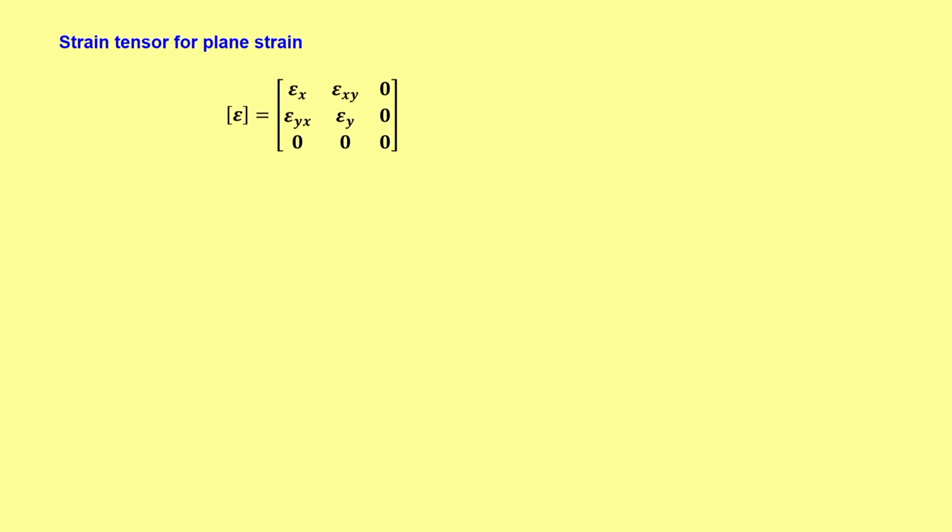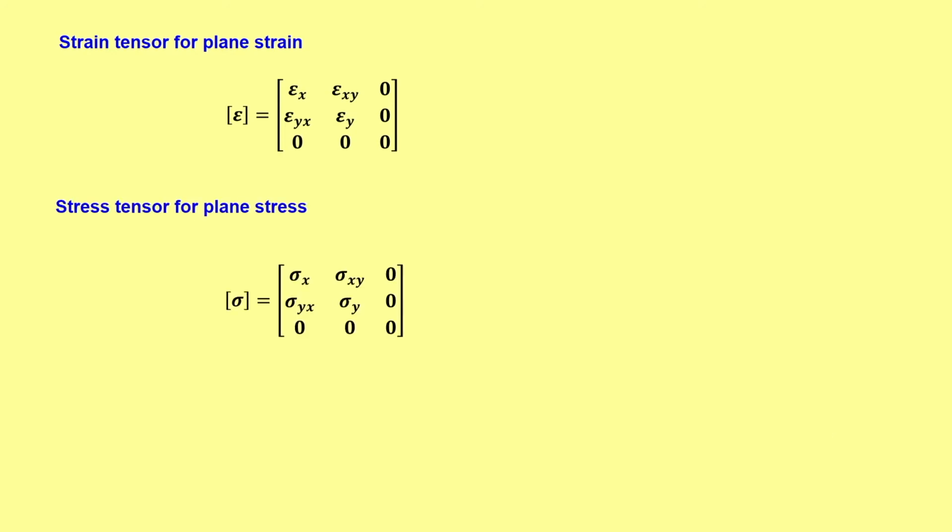Now, we have strain in one direction to be 0, so all these components have become 0. So, you have epsilon x, epsilon xy, epsilon yx and epsilon y. Similarly, you have the stress tensor for plane stress. Now, here the other components are all 0. You are left with sigma x, sigma y, sigma xy, sigma yx.